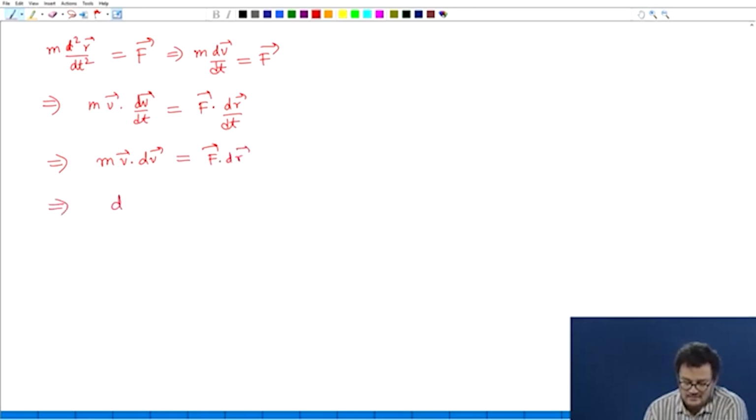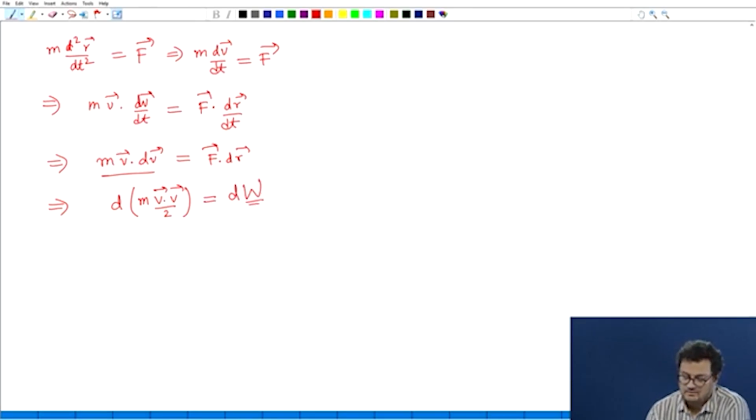and this is nothing but d of m v dot v by 2, or v squared actually, is equal to d of, I can write that like I have named W, which is not a scalar state function.